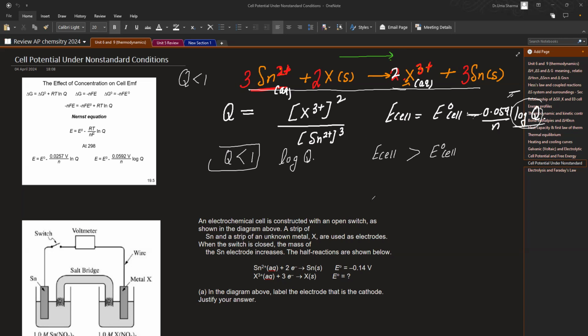So they may ask you this. They may ask you, okay, give the mathematical explanation or explain with the help of Nernst equation. Nernst equation means mathematical. Or they will say explain this with the help of Le-Chatelier principle, explain this with the help of shifting of equilibrium. So focus on what they are asking.